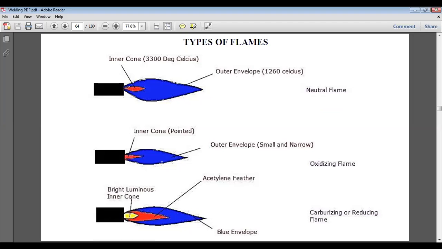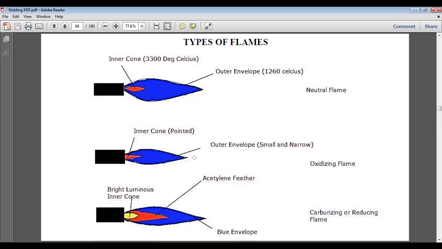Then another we have is a high ratio of oxygen, where more than one part is oxygen and less is acetylene. So it could be 1.5 to 1, 2 to 1, 3 to 1 oxygen. That means we have to take more oxygen.